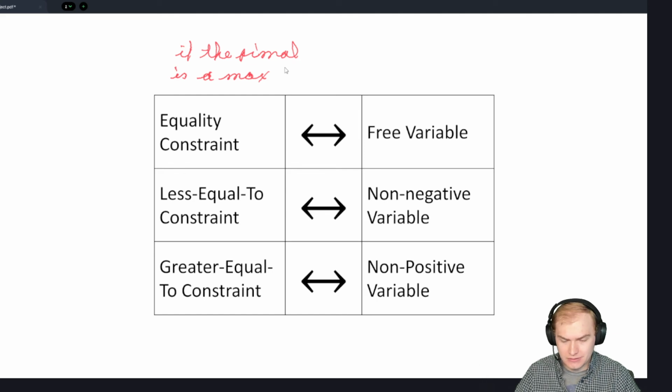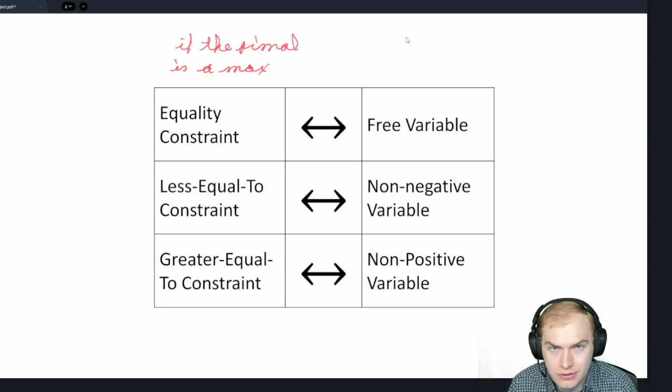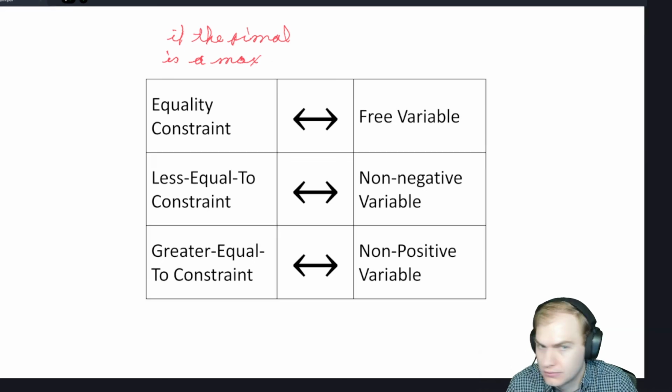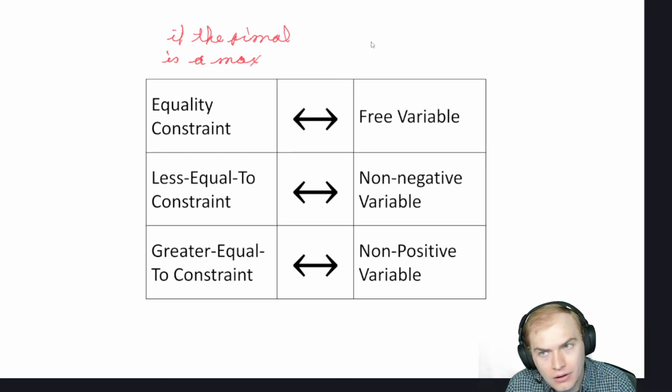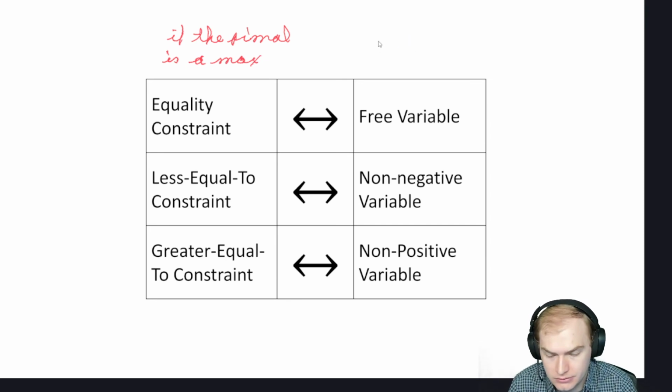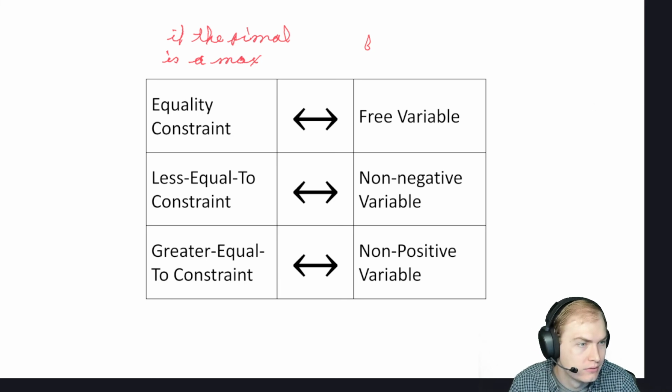So instead, for the dual, or for a minimization, get a different color. It's being obnoxious.